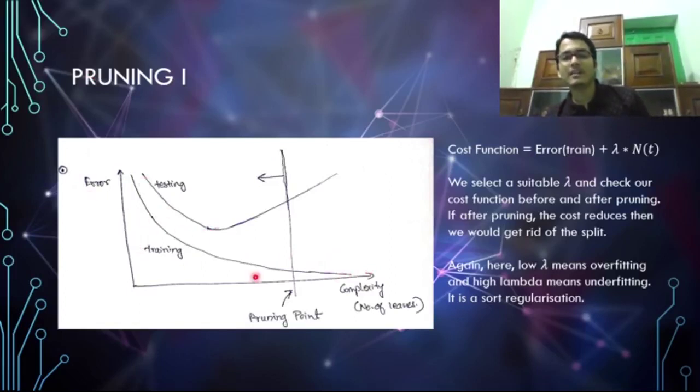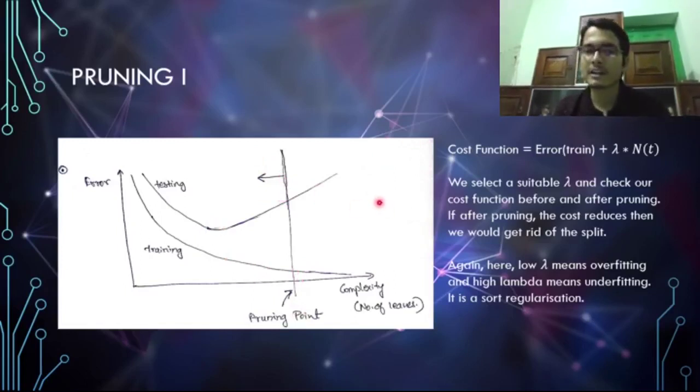But for testing, after a certain point of splitting, the error starts increasing. So we fix some point beyond which we don't want to go, so as not to increase the error of our testing dataset. We sacrifice some amount. That is basically our pruning point.